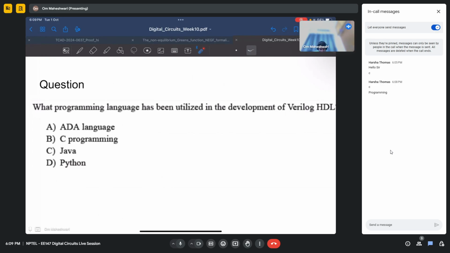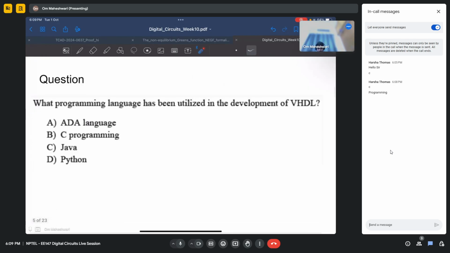That's right. The correct answer is C programming. Verilog HDL has been developed using the C programming language. Next question.